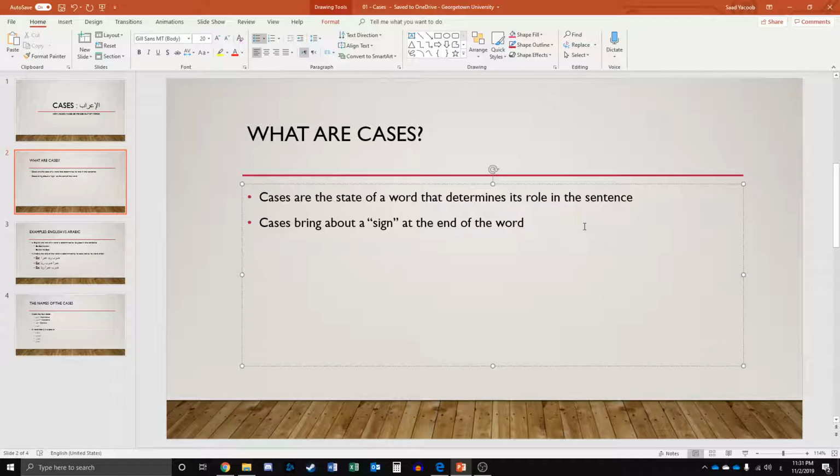All right, so cases are the state of a word that determines its role in the sentence. By the case, we understand what exactly this word is, what function it's playing in the sentence, and we know what case it's in by the way the word ends.